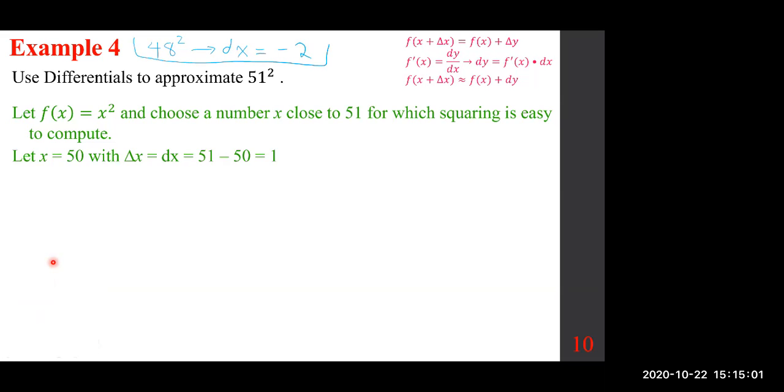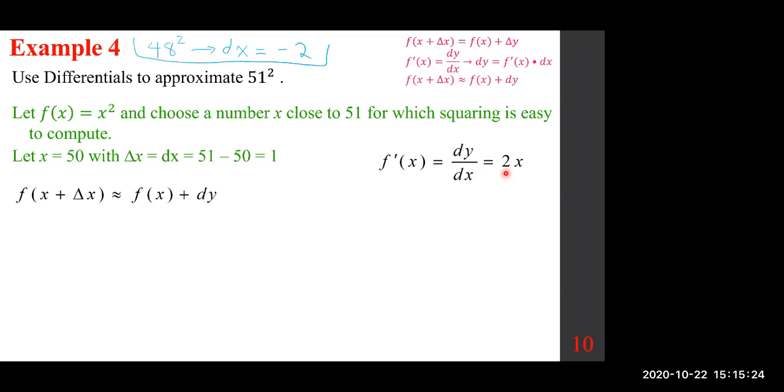Okay, so we are going to use this approximation. So first we need f of x. We came up with that. Now we need dy. In order to get to dy, we need to find f prime of x. This is easy. X squared gives you 2x. Okay. And so f of x plus delta x is f of x plus dy, and f prime of x is 2x.